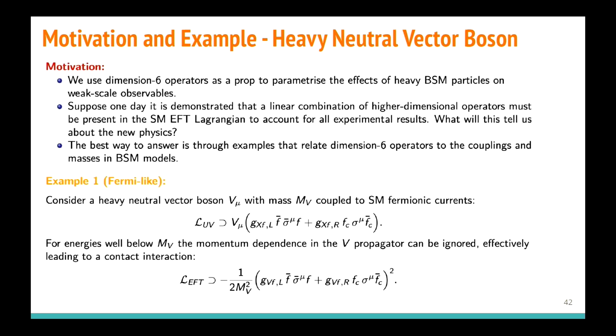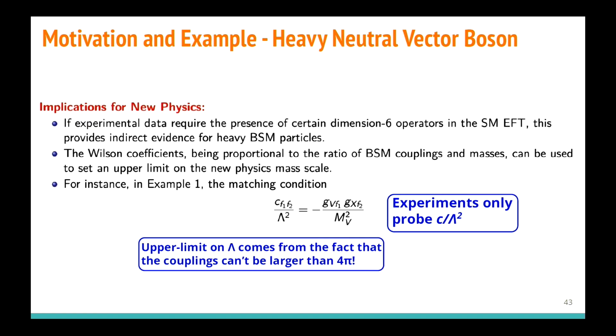So we have 1 over 2 m_V squared, and then we have four-fermion operators, F-bar sigma-bar^mu F, whole squared. So we will get four-fermion operators. If experimental data requires the presence of certain dimension 6 operators in the SMEFT, this will provide indirect evidence for heavy particles.